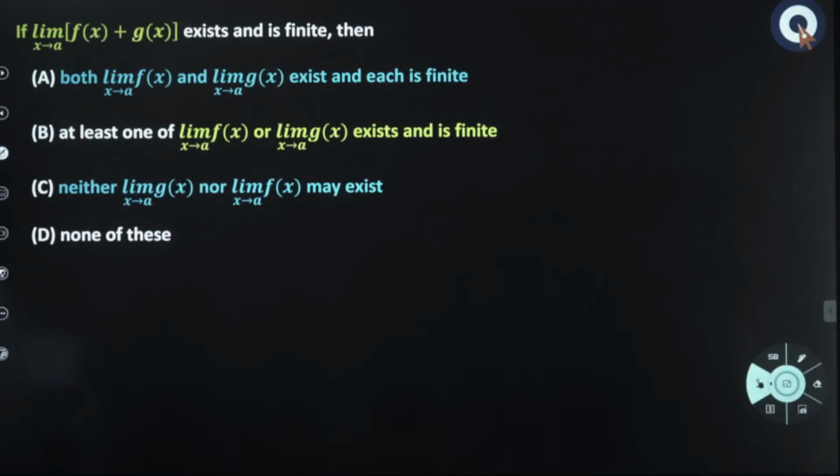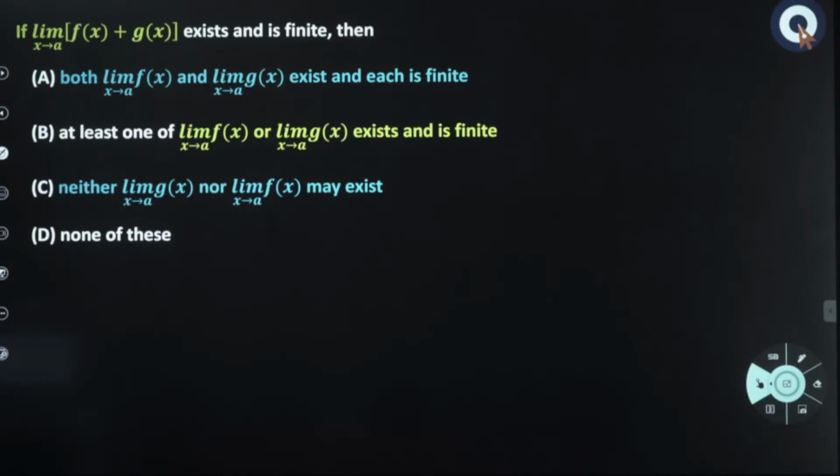Limit of f(x) plus g(x) exists and is finite, and there is no necessity that each limit should exist. There are many counter examples that we can give. Let us say f(x) is equal to (x plus 4) by (x minus 2), and let us say g(x) is equal to (x minus 8) by (x minus 2), something like that.